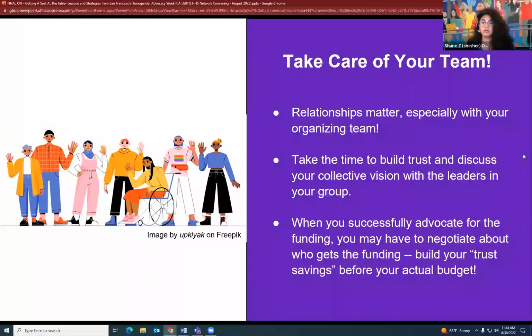So when you build a team that supports each other, you're able to build trust. You're able to discuss the real problems and find ways to support each other within the negotiation process of this advocacy. So it's so important that you build that relationship with the team you decide to take this advocacy on with.